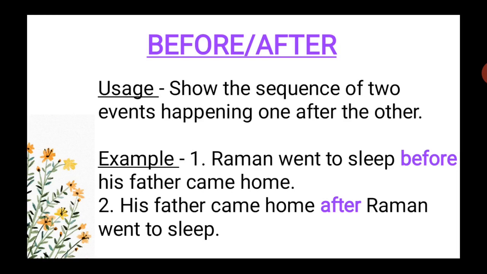There are two parts of the sentence: Raman went to sleep and his father came home. Two events are happening, so we have changed these two sentences into a single sentence using the sequence connector before. Raman went to sleep before his father came home.